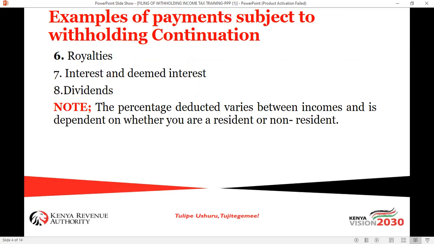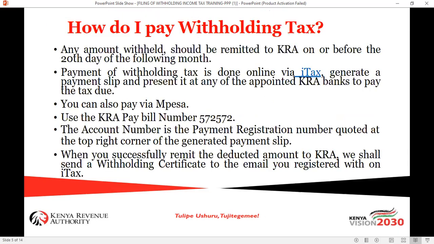Then the percentage deducted varies between incomes and is dependent on whether you are a resident or non-resident. So the percentage is not the same. It depends on the type of the income you are earning. That is what determines the percentage of the withholding tax.